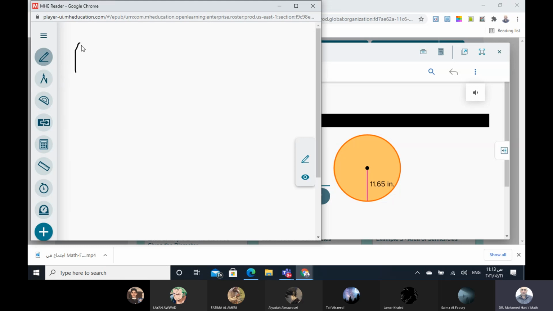The first step starts from the formula. The area of the circle equals pi times r squared. Substitution now, the pi will be 3.14 times the value of r, 11.65 squared.